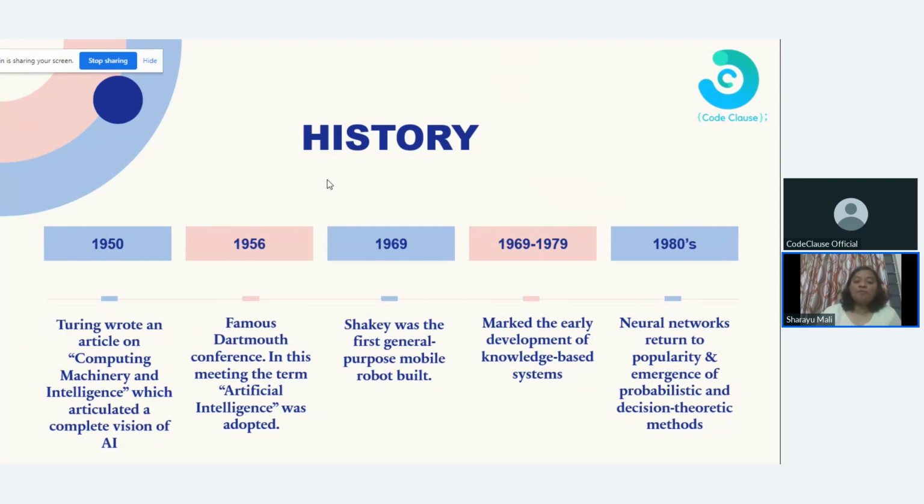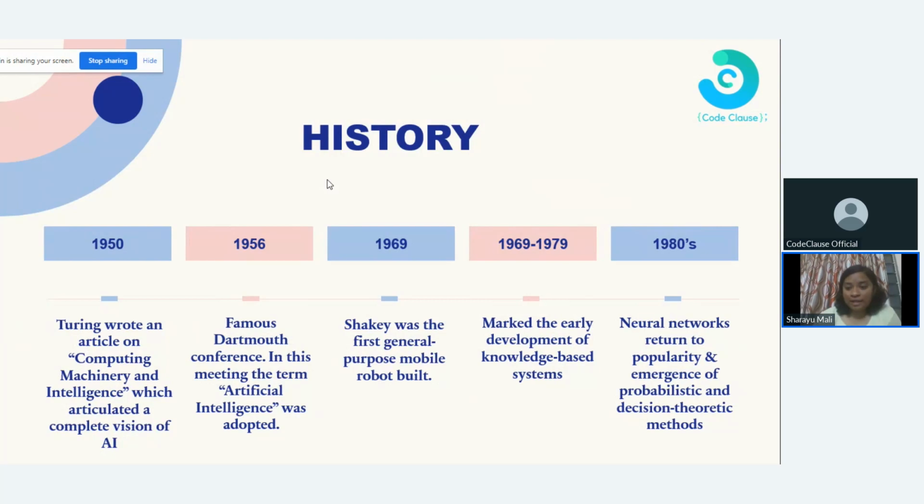This was followed by very high-end research into building artificial intelligent robots, where in 1969 the first general-purpose mobile robot was built. The period of 1969 to 79 marked the early development of knowledge-based systems, wherein the systems developed used a database to solve the particular problem.